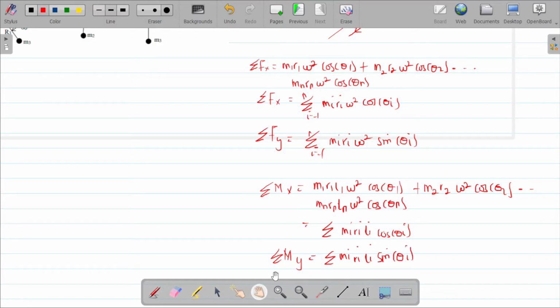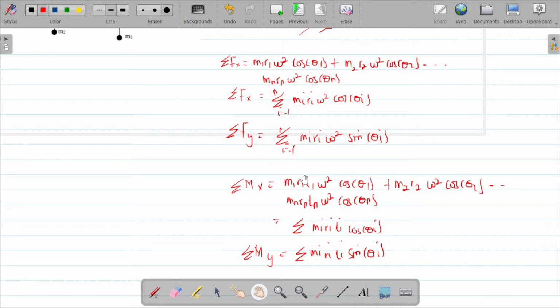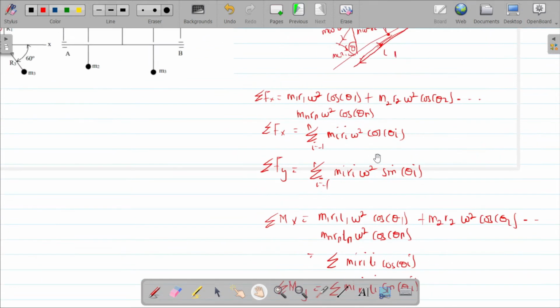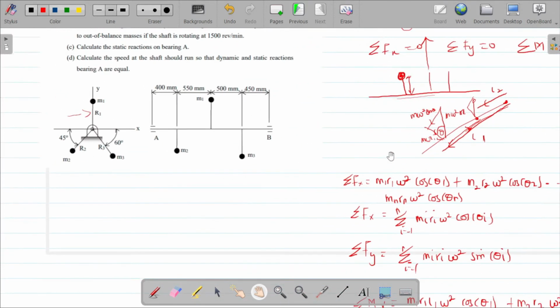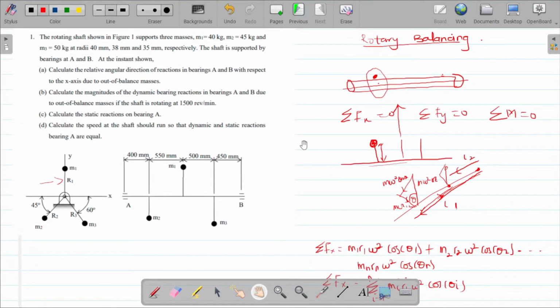So our duty is to have these terms and then just substitute. Now we are going to use this concept to solve this problem.